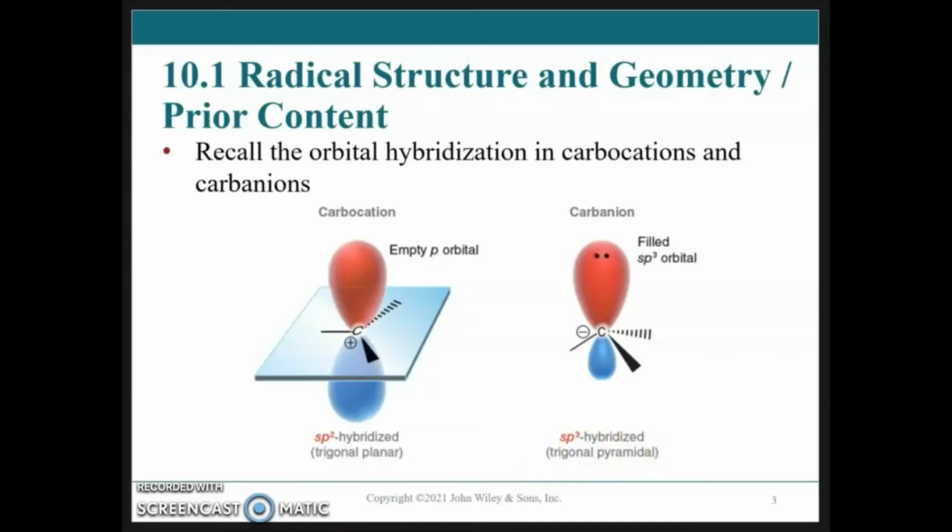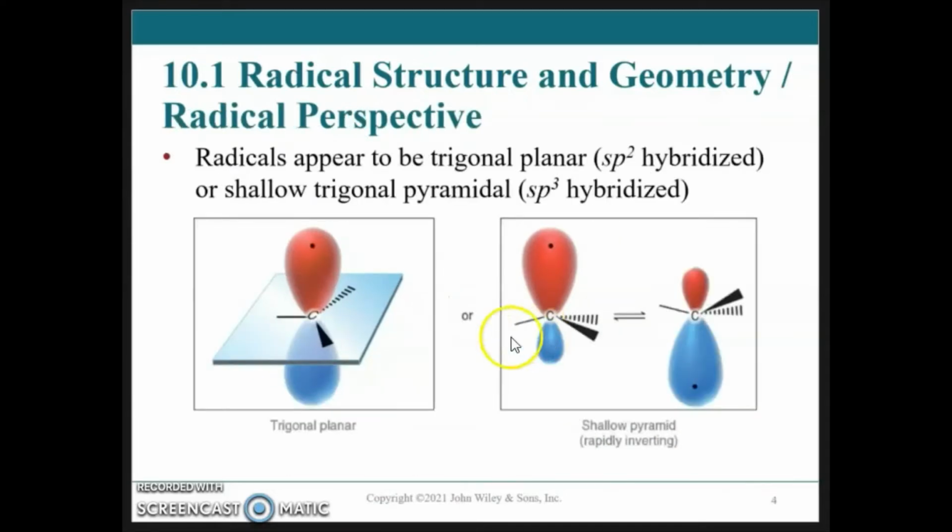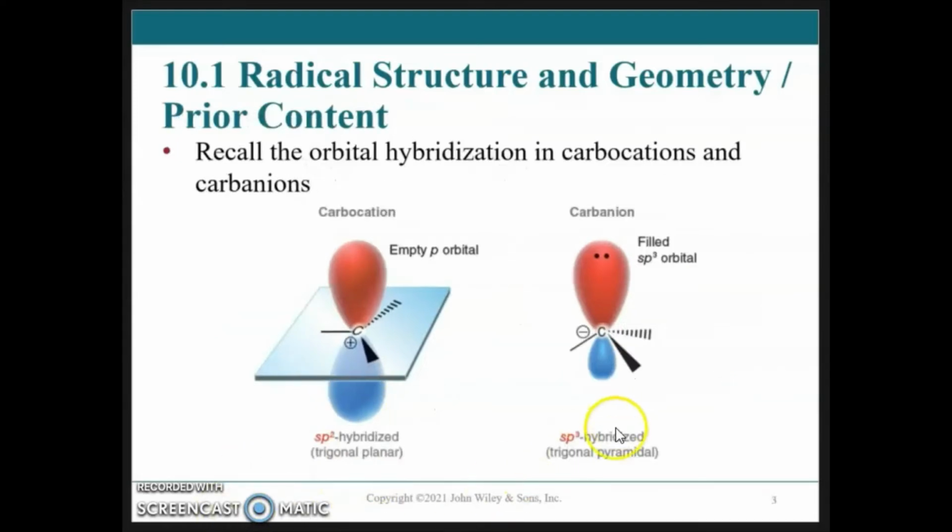Now, looking at the radical species, just on the face of it, you might expect that it would behave intermediate between the trigonal planar sp2 hybridized carbocation and the tetrahedral sp3 hybridized trigonal pyramidal structure of the carbanion.